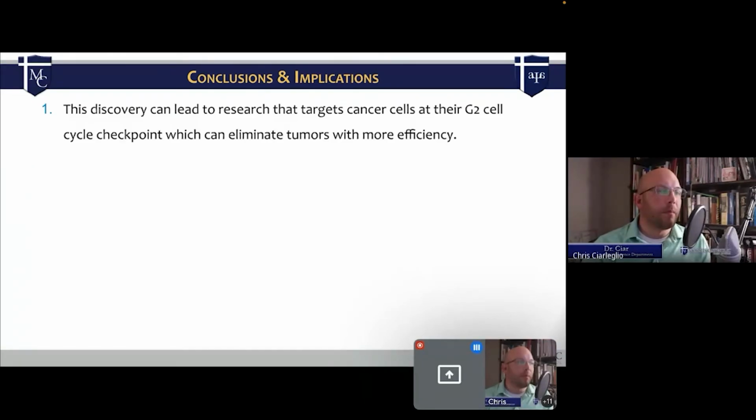So if they do that, then the cells would create cells that aren't going to function properly, which are then going to affect other cells around them, and then they'll just kill each other. And lastly, it contributes to a possible cure to cancer, as we stated before. Okay. Questions?